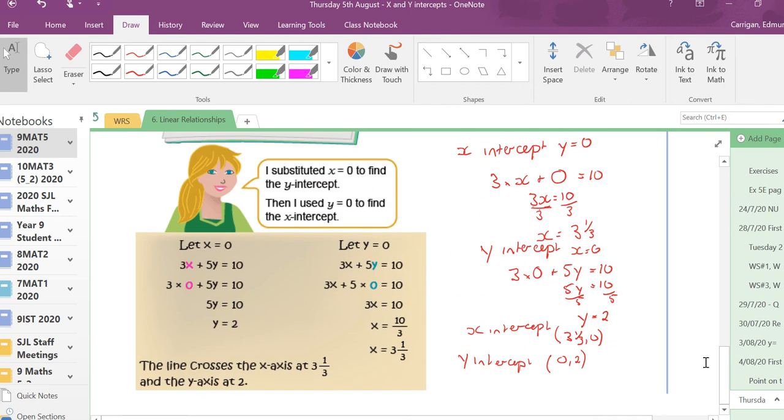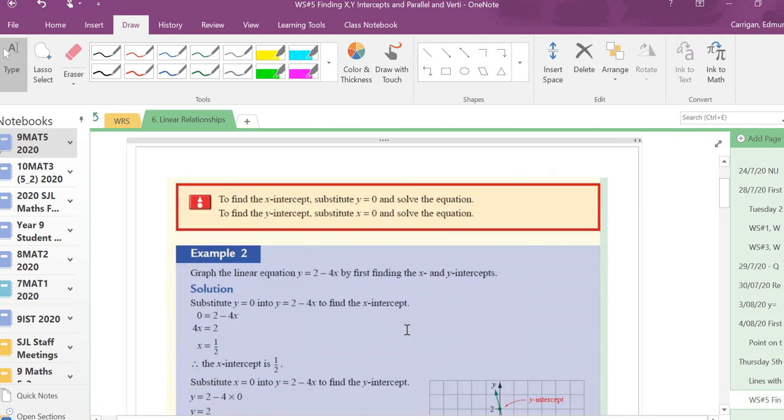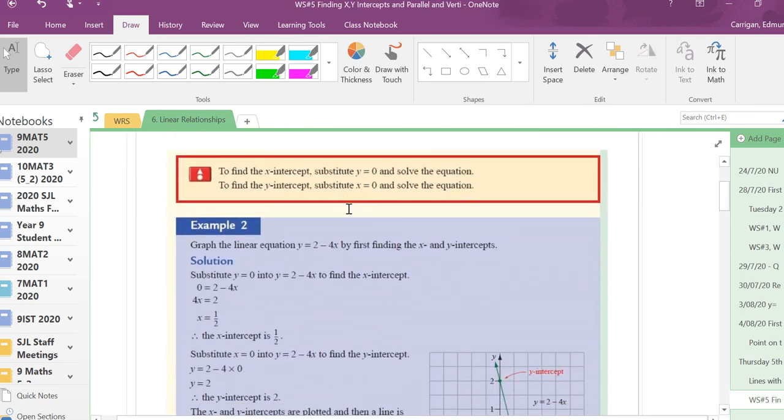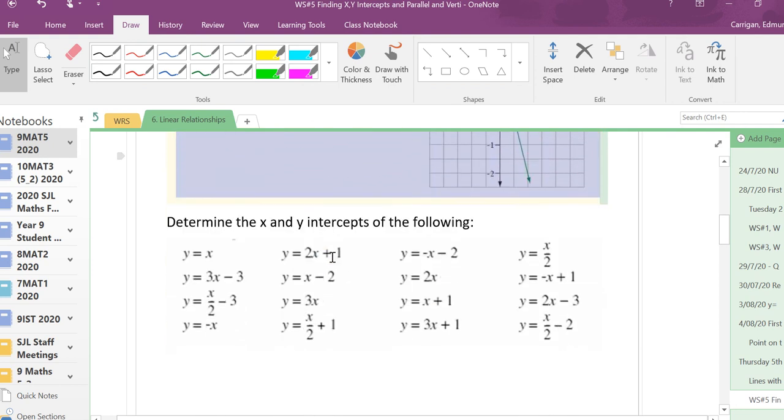Now the other thing we're going to look at today, and so you've got some problems to do today, is on this worksheet, which I'll also hand out. In all of these, as an example first on the OneNote, I haven't put it on the worksheet printed out, you just substitute in the value of 0. So if I just pick out this one for a start. When we want the x-intercept, y equals 0. So 0 = x + 1.